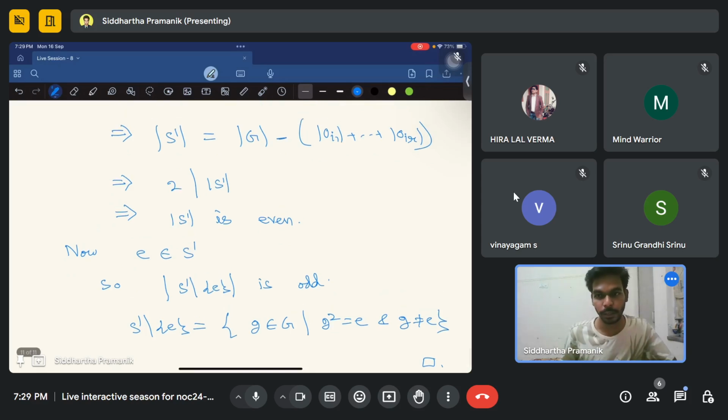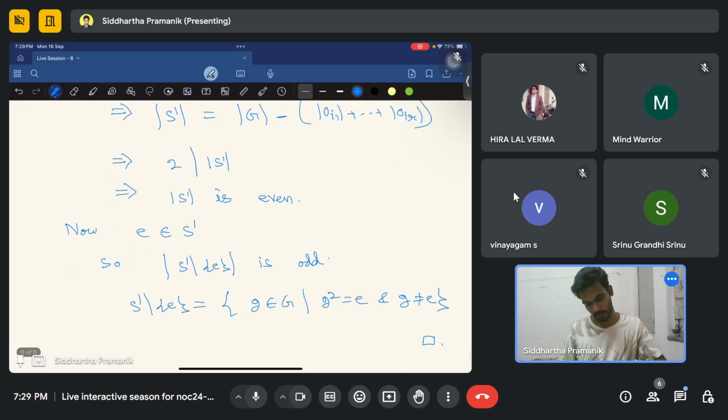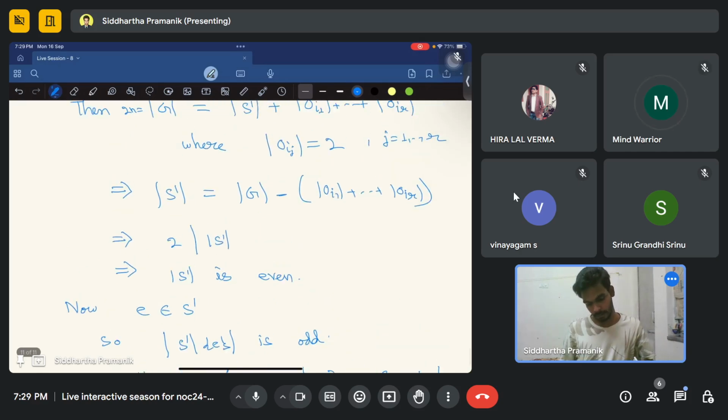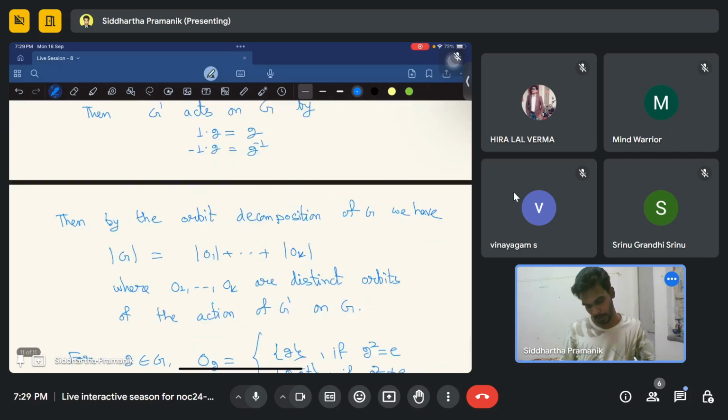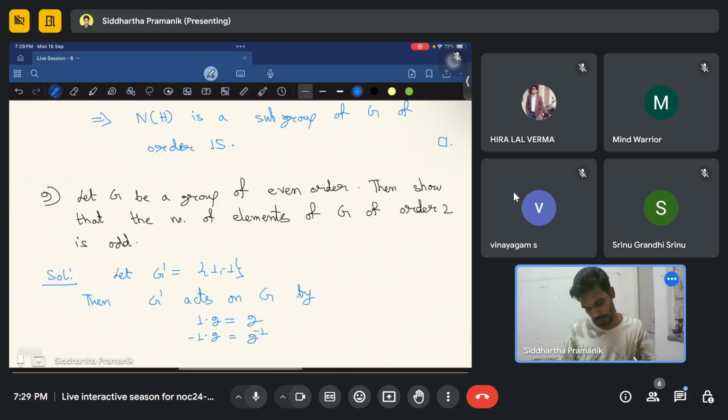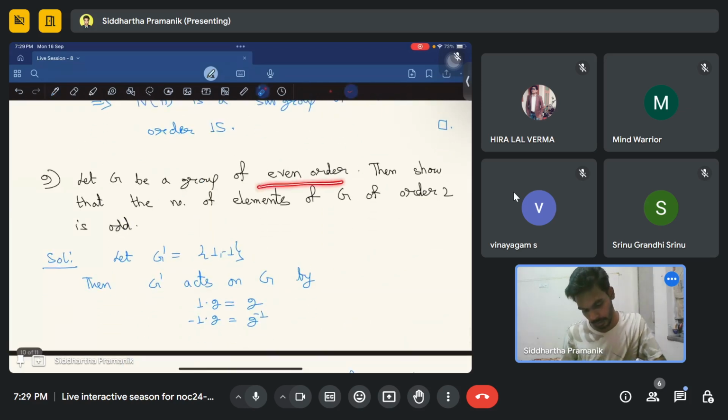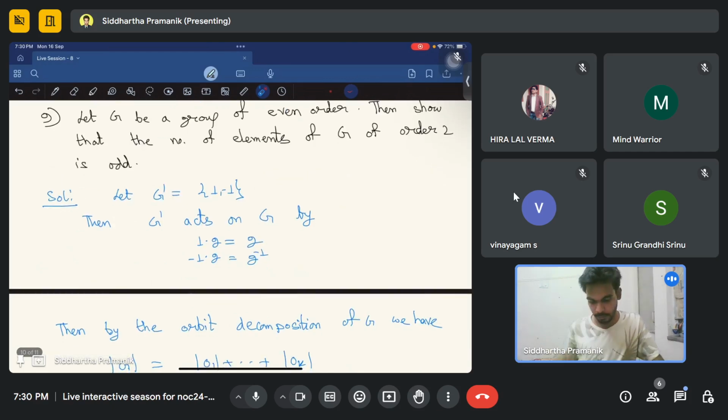Is it okay? Okay, sir. Yeah. So every group of even order has an element of order 2 and the number of elements of order 2 is odd. This can be done by an elementary argument without using group action, but it can be done by using group action also.